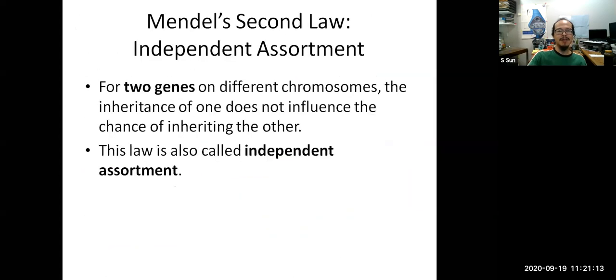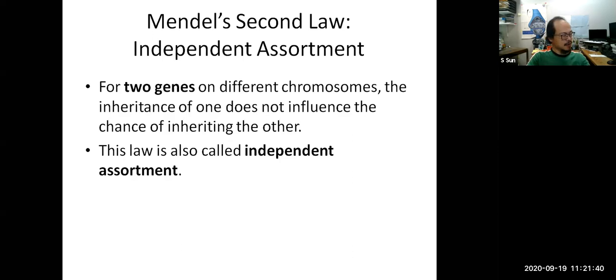Two genes on different chromosomes are not alleles.